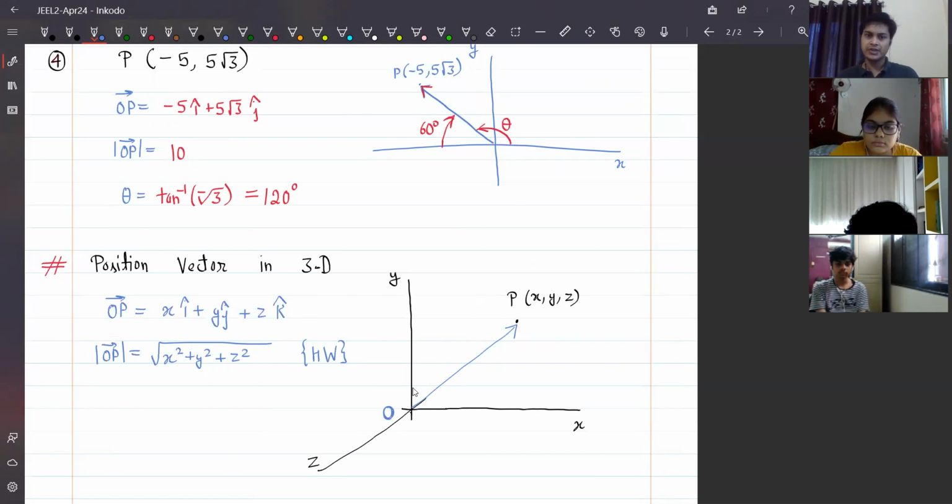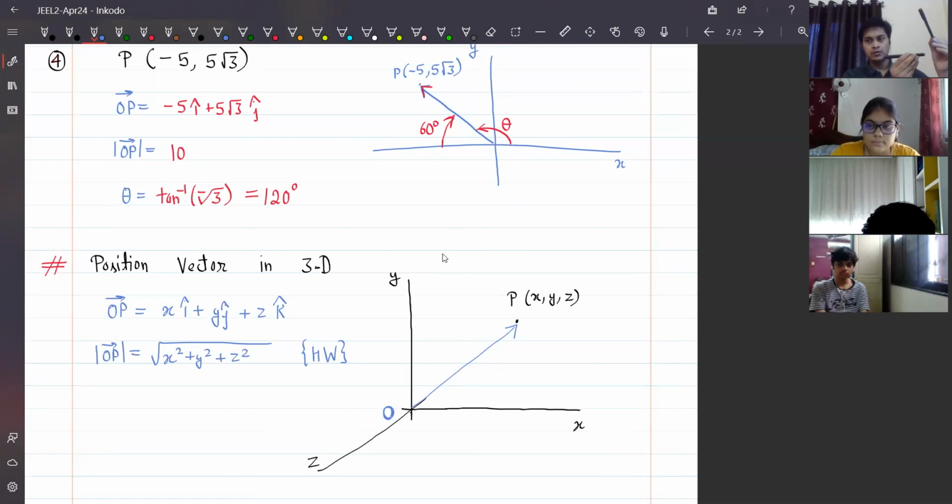And instead of theta, here we cannot make an angle with the x-axis only, because the angle will be in 3 dimensions. If this is your OP vector, and this is your x coordinate, this is not the xy plane. Your OP vector is in another plane.